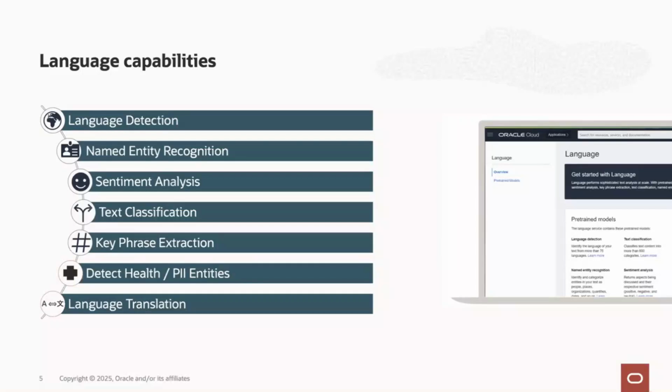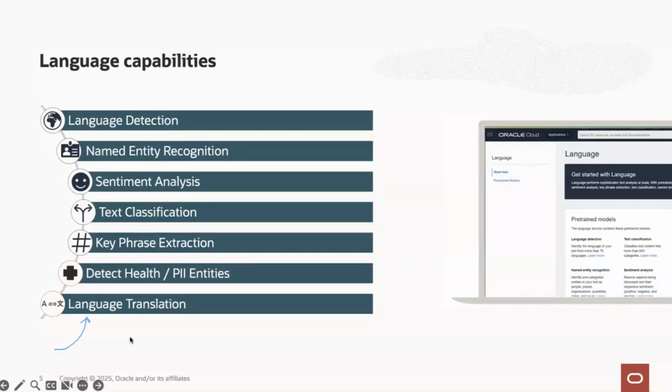Pretty straightforward, right? The idea here is that you'll use it in conjunction with something like the language translation service down below. So first, if you get a document or a recording, convert it to text, which we'll see later, and understand what language this text is in language detection.